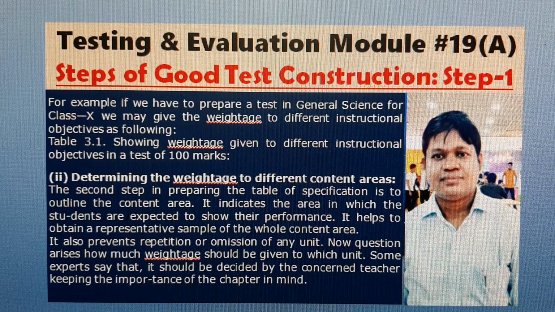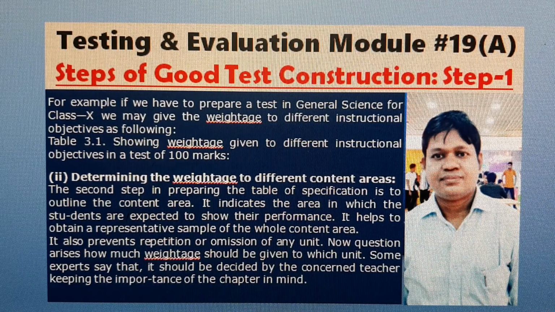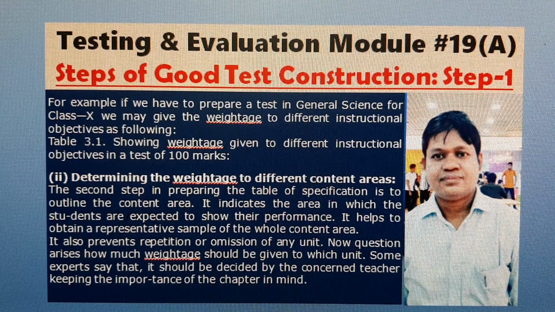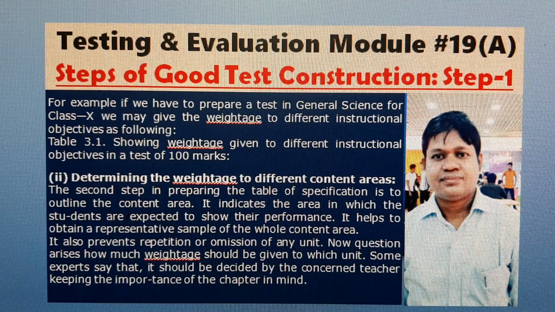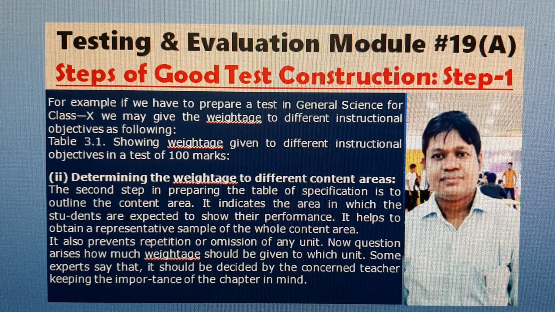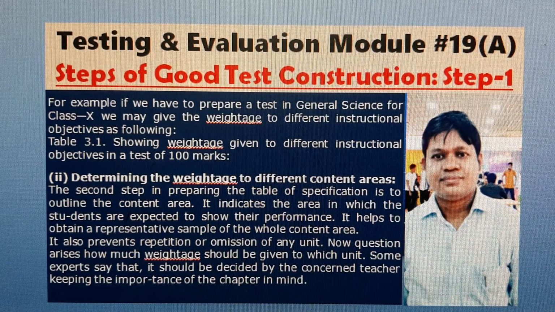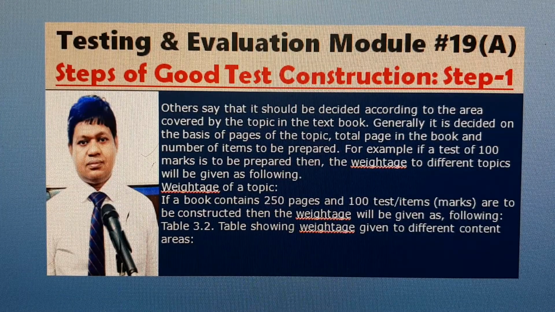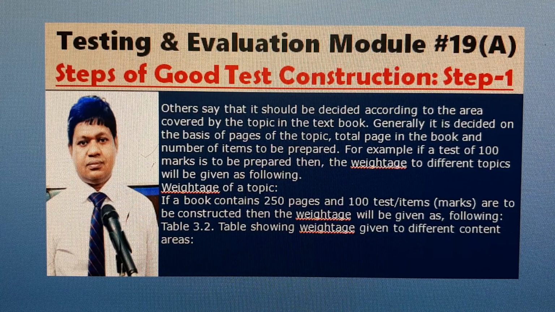Now, the question arises, how much weightage should be given to which unit? Some experts say that it should be decided by the concerned teacher, keeping the importance of the chapter in mind. Others say that it should be decided according to the area covered by the topic in the textbook.